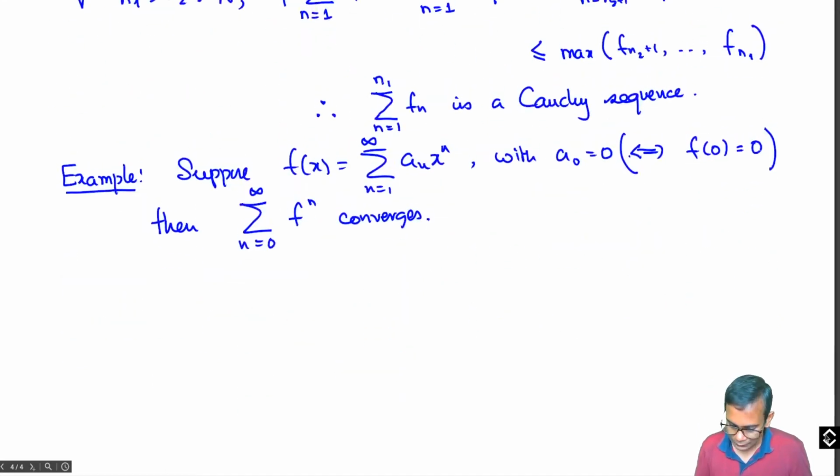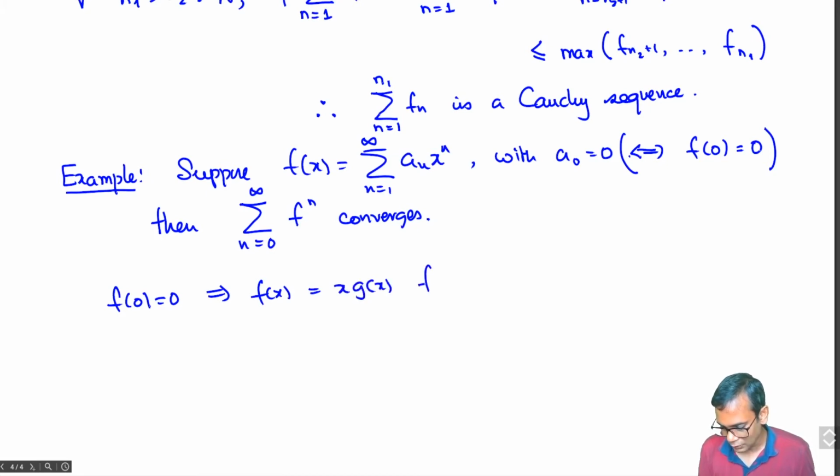Why is that? Well, f(0) equals 0 implies that f(x) is equal to x times g(x) for some formal power series g(x), not functions.